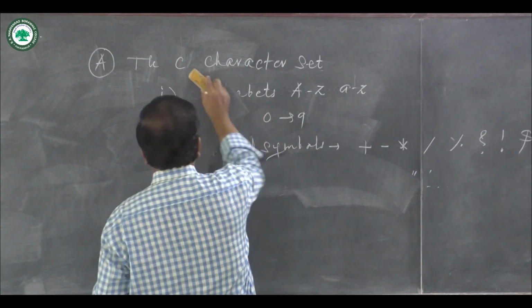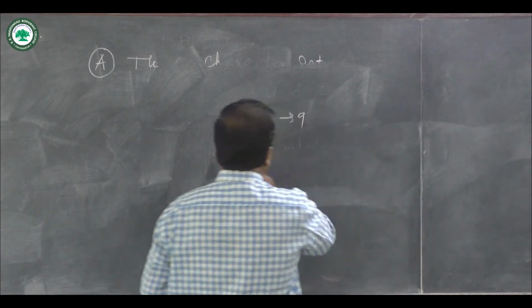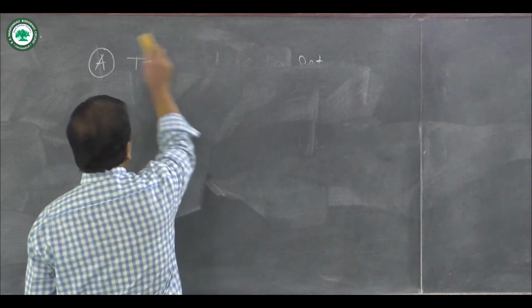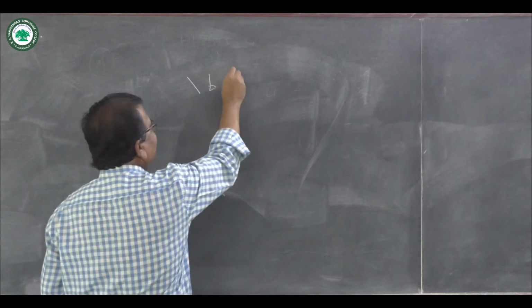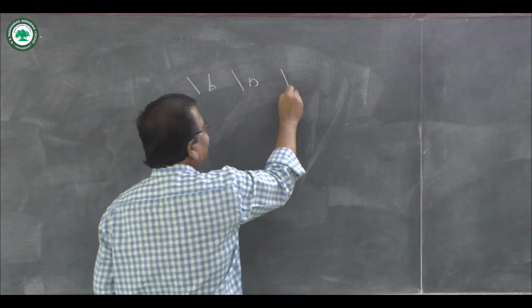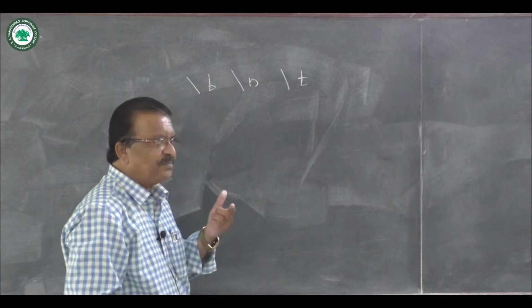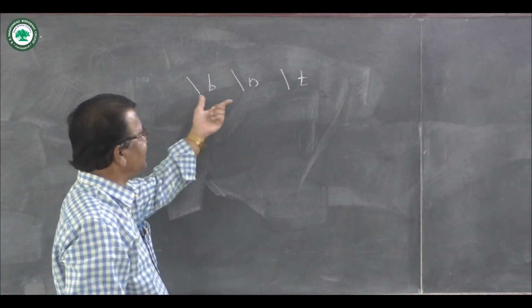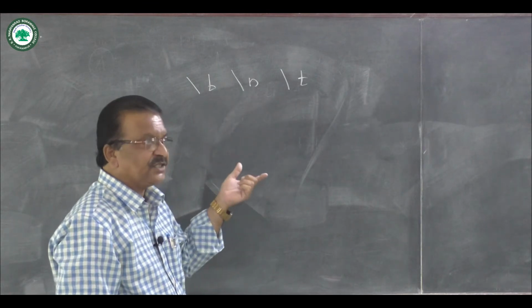Then C uses certain combinations of these characters, such as \b, \n, \t, to represent a special condition.